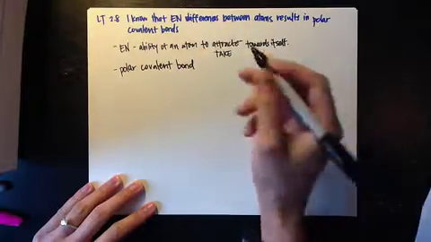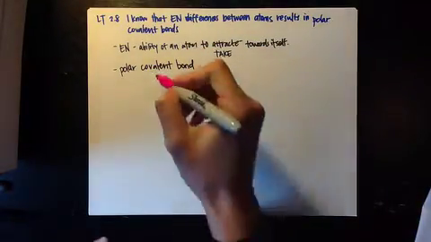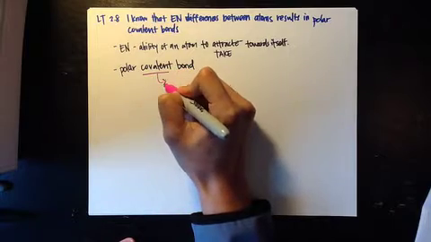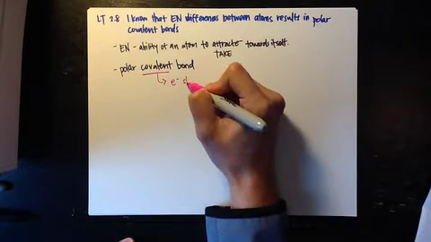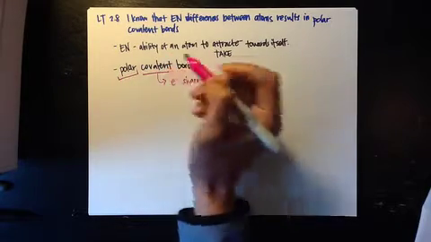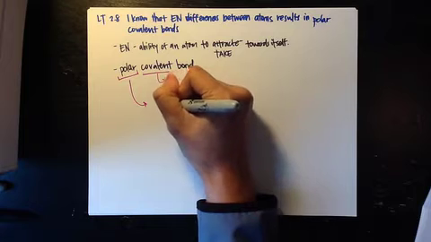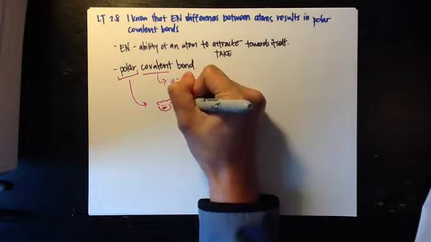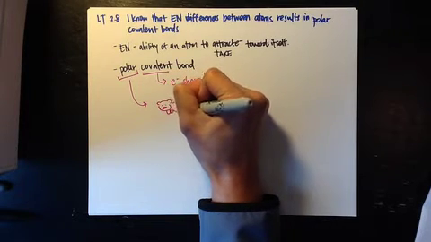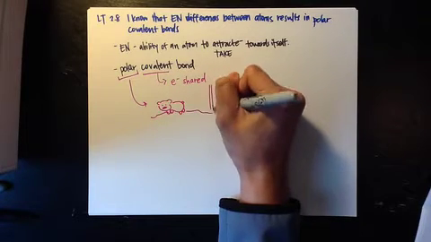bond. Breaking this down, we know that covalent means that electrons are shared. Polar, if you think of a polar bear, the reason why it's a polar bear is because it likes to live at a pole.